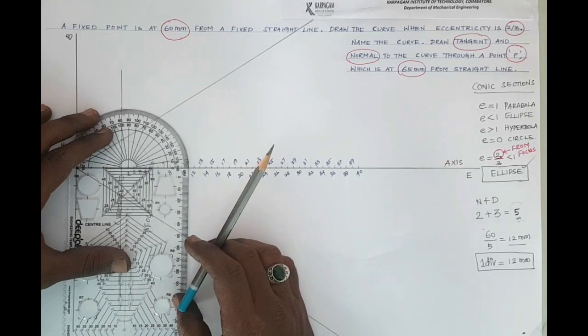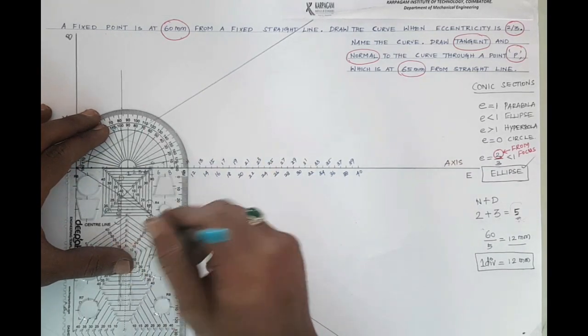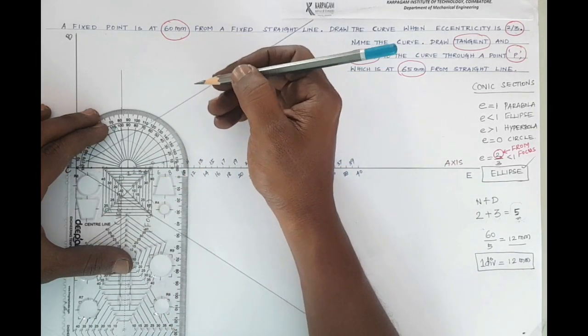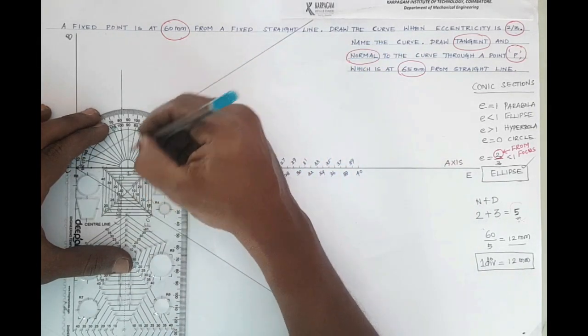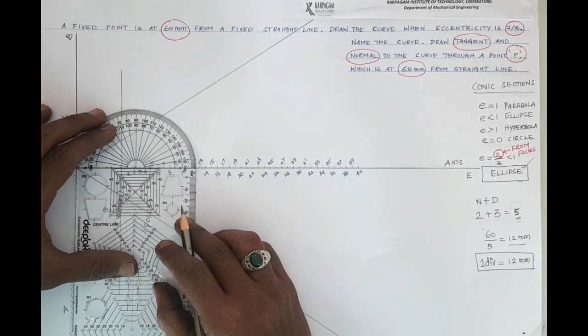So the first vertical line is to be drawn through point 1. I'm placing my draw circle on point 1, then I'm just marking the 90-degree point.